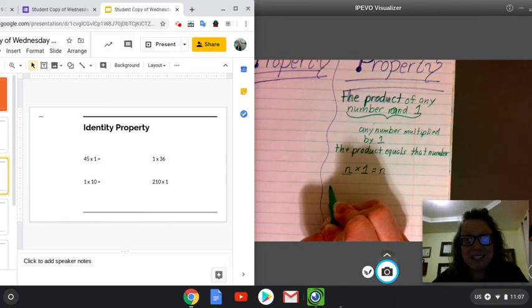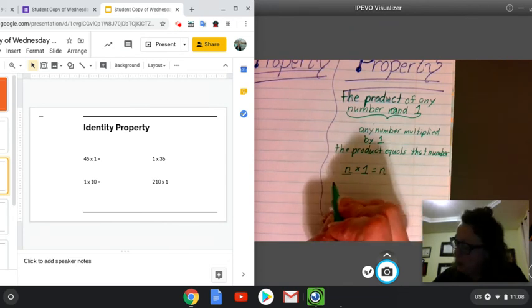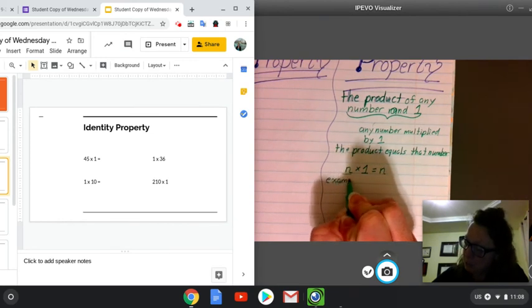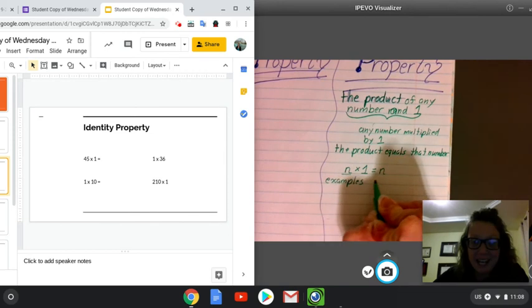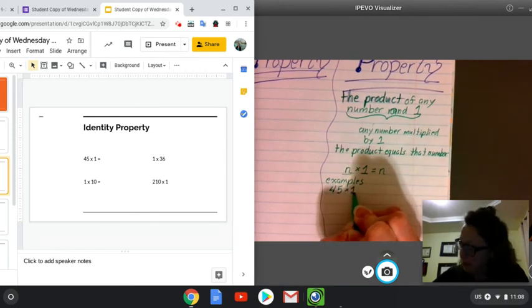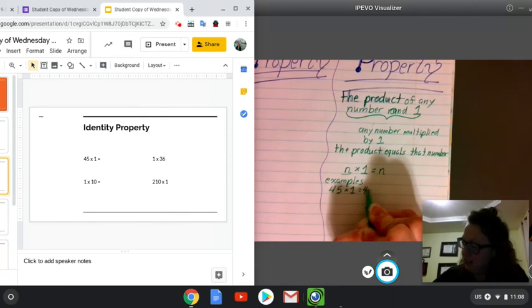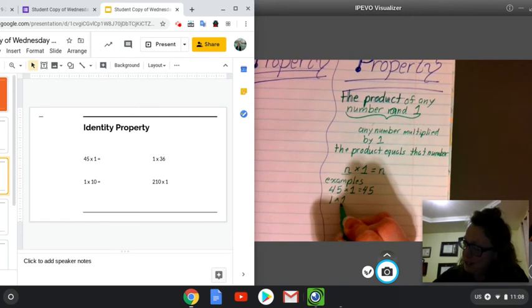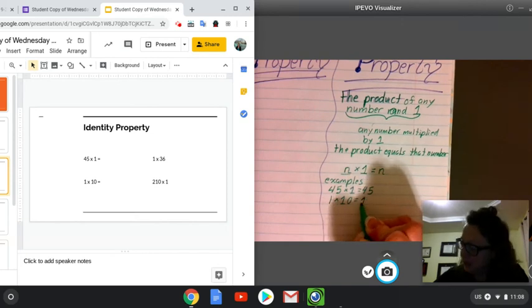And all right, so I hope you paused enough time. So let's look at our examples. And it says first 45 times 1 and 45. 1 times 10, 1 times any number, the 10 sees itself in the mirror.